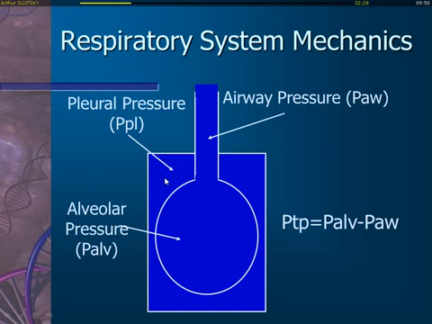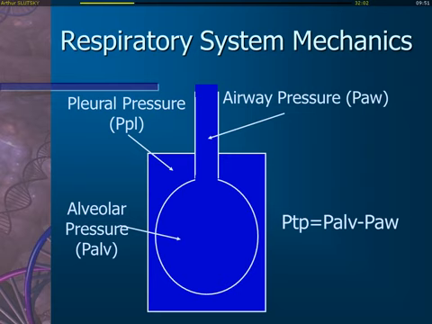The important pressure in terms of lung distension and lung injury at high lung volumes is the transpulmonary pressure, the pressure from here to here. So in situations where you have a very stiff chest wall, and I'll come back to this, you may have high airway pressures, but you don't have high transpulmonary pressures. And that's the case of the trumpet player.